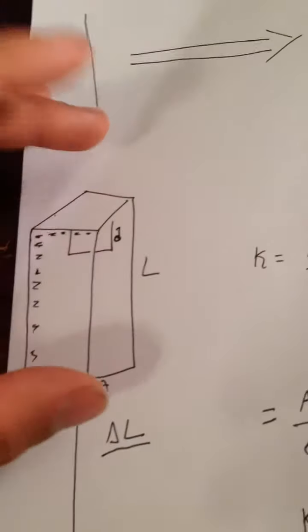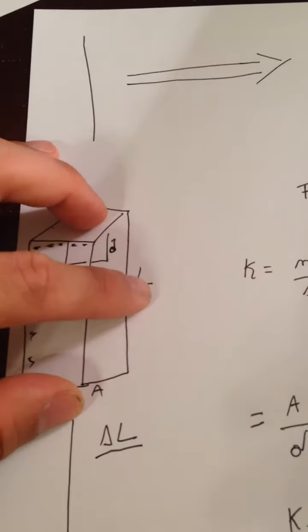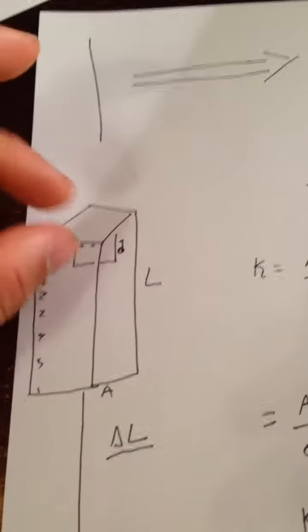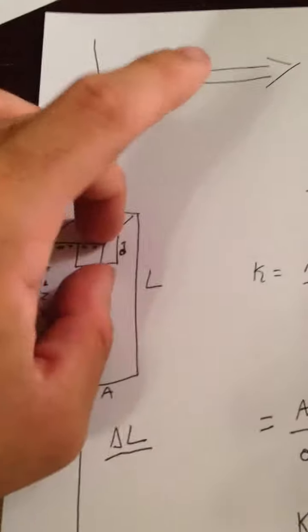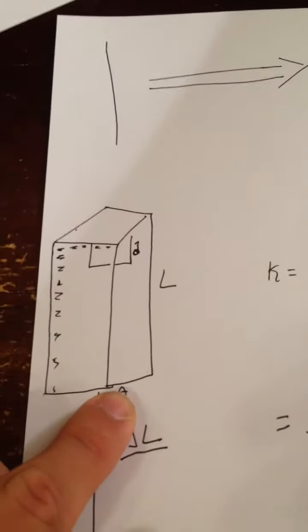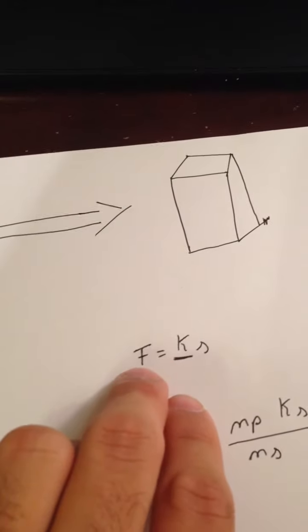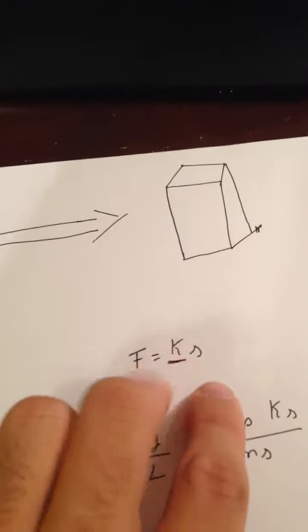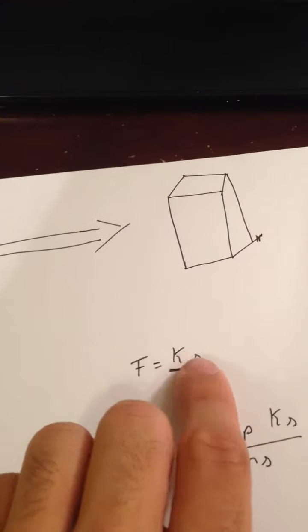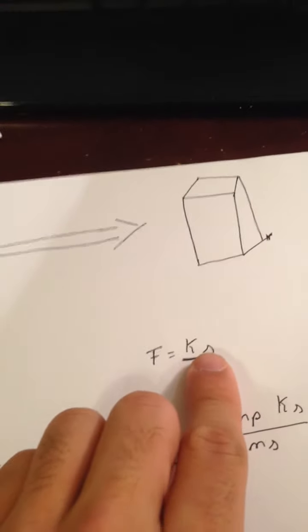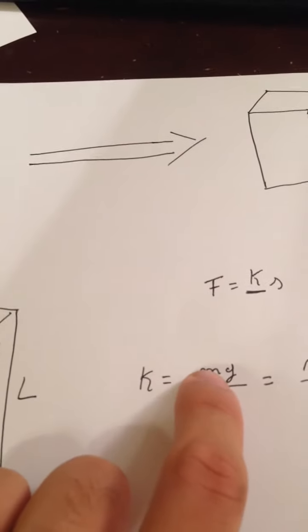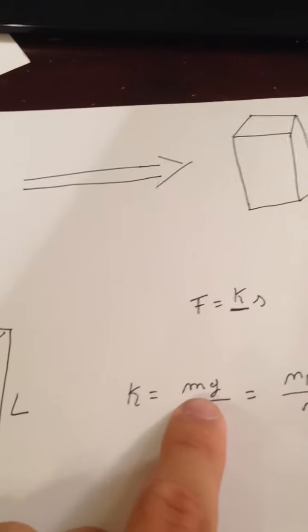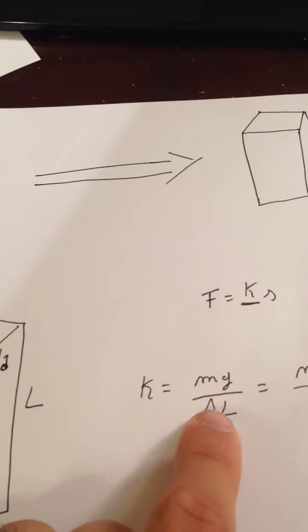And I know that the original size of my spring is L. I have D, that's the diameter, the size of my atoms, and my area, A. And I know that the force of the spring equals the spring constant multiplied by the stretch. And I can solve for K, my spring constant. That will be K equals mg, where mg is the force, divided by the stretch, S.